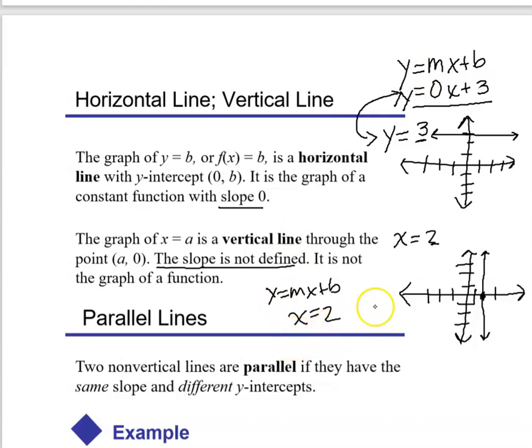Ours is just x equals 2 because it doesn't ever even touch y, so there's no need for any y's here. It doesn't go through the y-axis, so we don't have a b, and we don't have a slope because it's undefined, because we're talking about a vertical line that just goes through x equals 2.